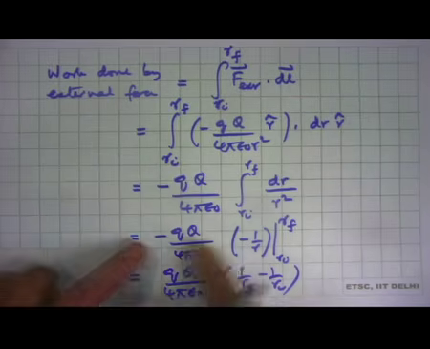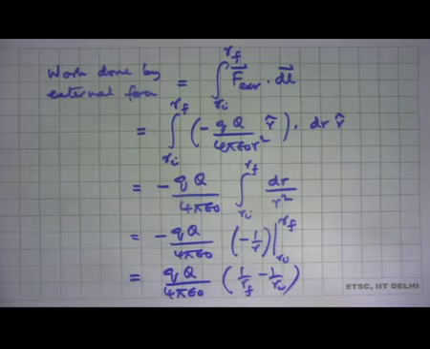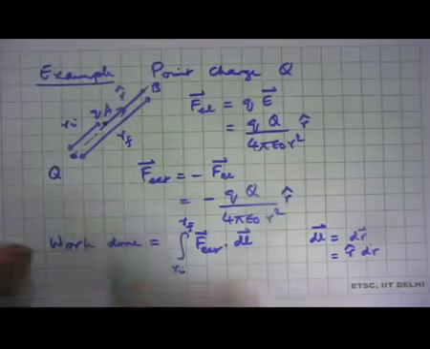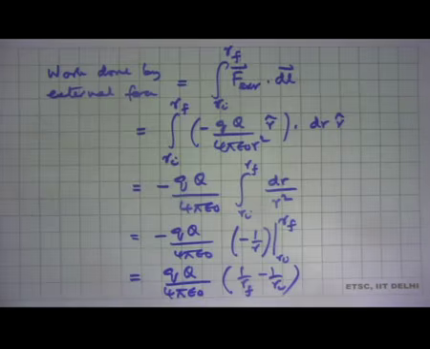So, the minus signs cancel off and I get q by 4 pi epsilon 0 into 1 by r f minus 1 by r i. That is the work done by the external force in moving the charge small q from point A to point B, where r i is the initial distance and r f is the final distance.